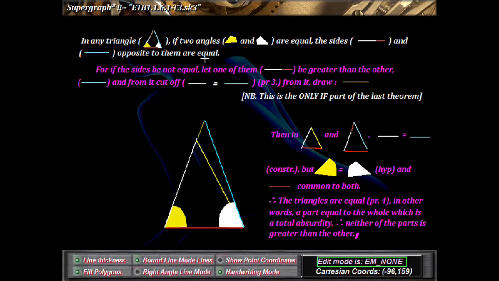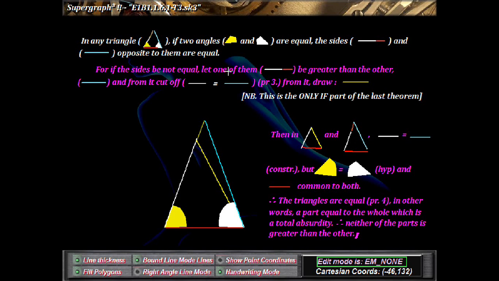Now, that means if the white was over here, then it would be these sides that would be equal. It's arbitrary in the sense that it doesn't matter where the two sides are placed, there's only one more position left, and so we always have two sides to compare.